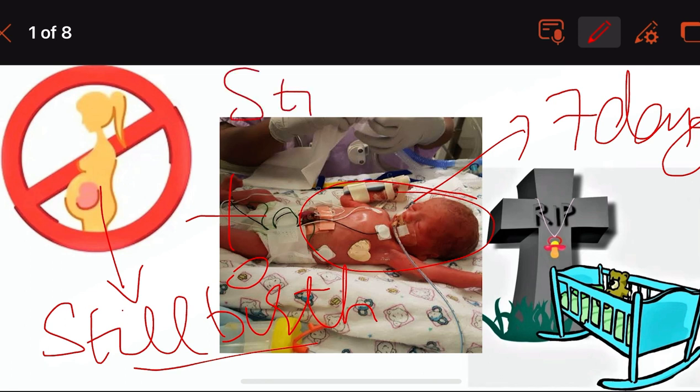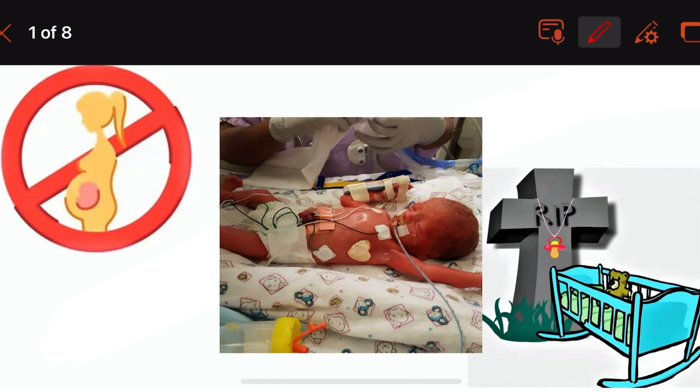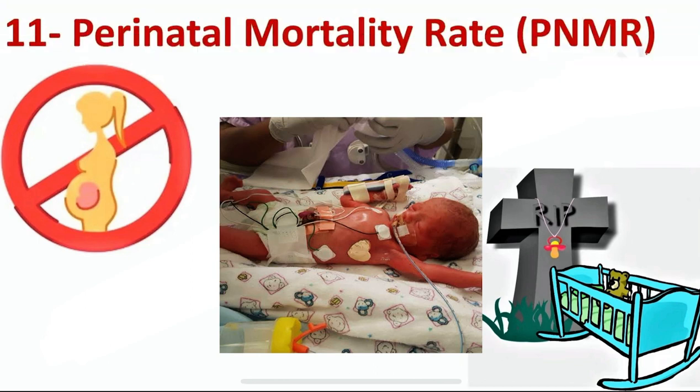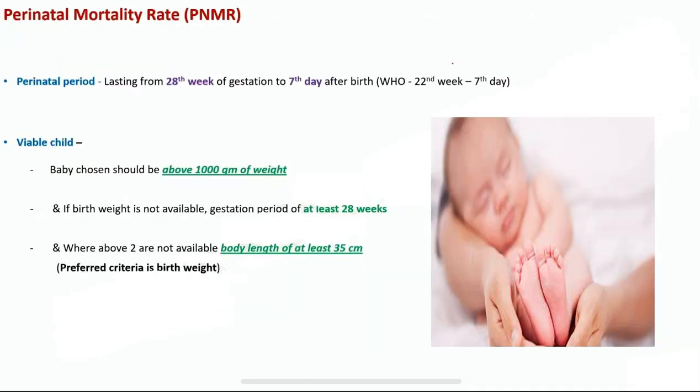Okay, the stillbirth plus the babies dying within the 7 days are considered to be the perinatal mortality. The babies dying in the early 7 days are also known as early neonatal death. So we'll discuss in detail.